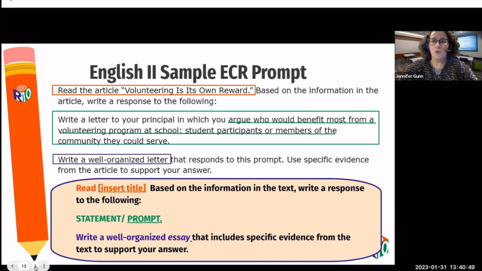Finally, we're getting some clarification about how the student must write to that prompt. So it says to write a well-organized letter that responds to the prompt. There will always be a command about evidence. Use specific evidence from the article to support your answer. That evidence may be paraphrased, it may be directly quoted, it just must be present.